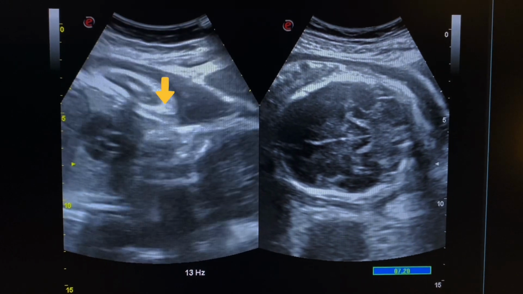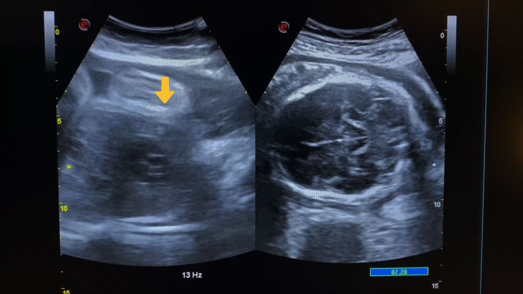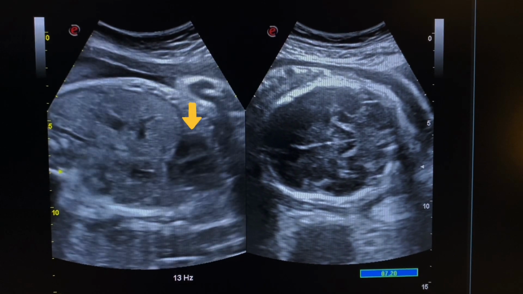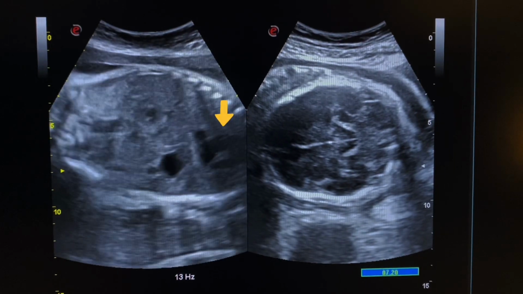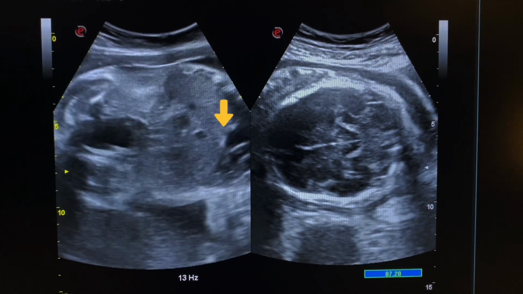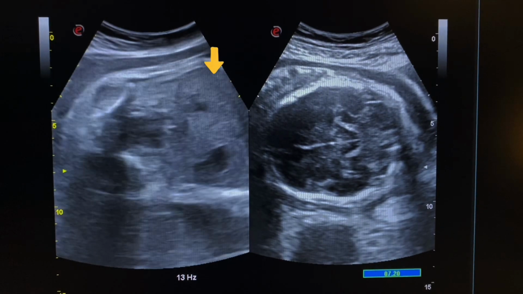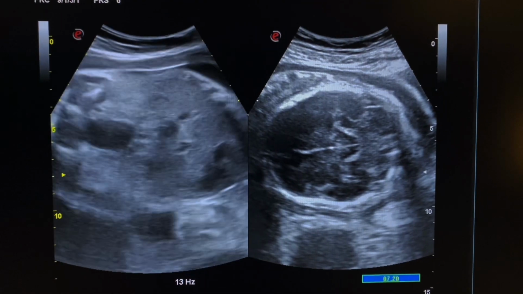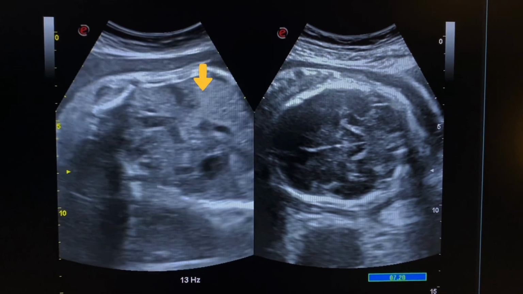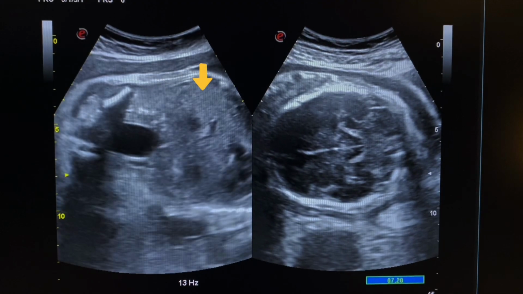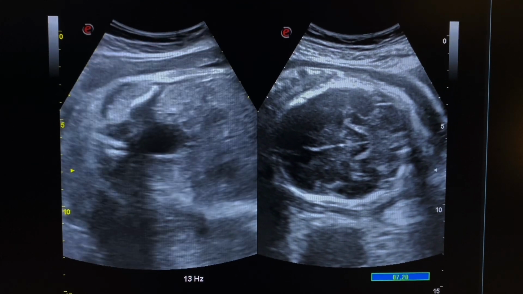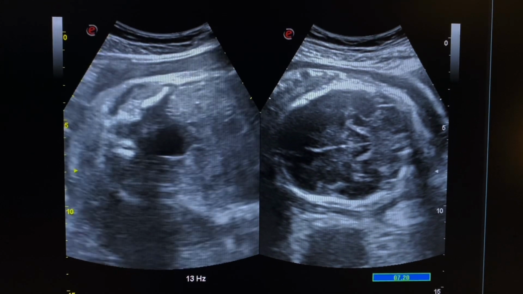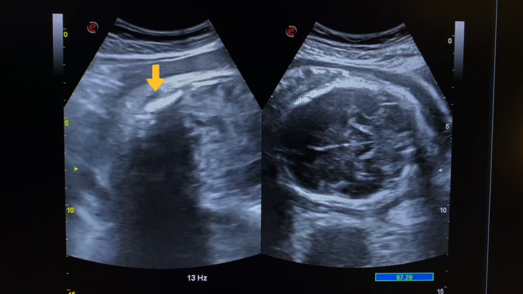Here we see the neck of the fetus and then the heart of the fetus and cardiac activity. Here is the liver. This is the urinary bladder. And here we see the pelvic bone.